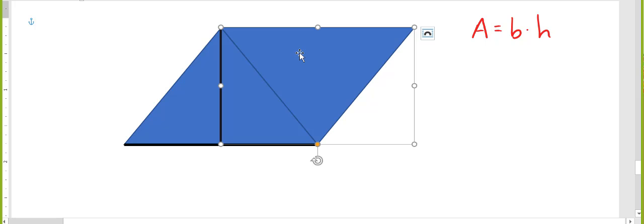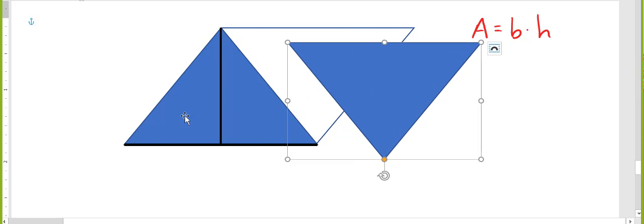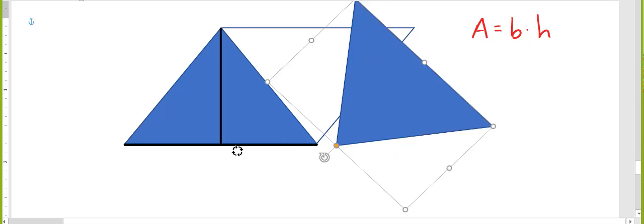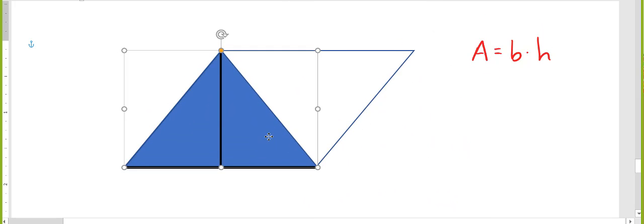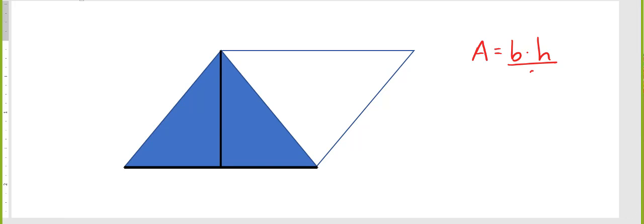But a triangle is half of a parallelogram. So if we cut that parallelogram in half and we rotated that triangle, we could put it on top of the other triangle. So the area of this triangle is going to be 1/2 of that base times height. You divide by 2 because there's 2 triangles.